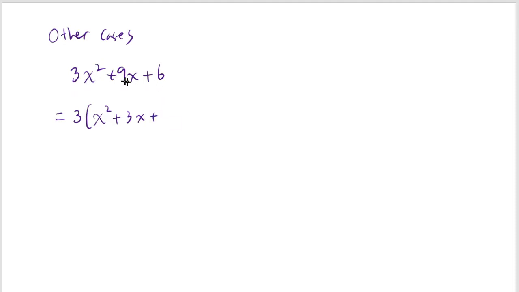So they're all multiples of 3, so you can factor that out. So in this case, there's an overall factor. And once you do that, then this is just a simple trinomial factoring, because the leading coefficient is 1. So you just have to figure out two numbers that multiply to 2 and add up to 3. And that's just 2 and 1. 2 plus 1 is 3. 2 times 1 is 2, right? So you have 3 times x plus 2, x plus 1, and that's done.